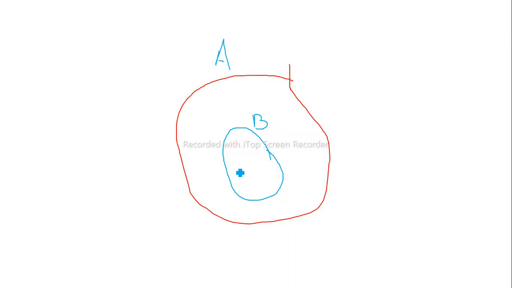B is in A, right? Good. So B is in A. That means that the set B is a subset of A. So that's what we mean by subset. It is a set within a set.